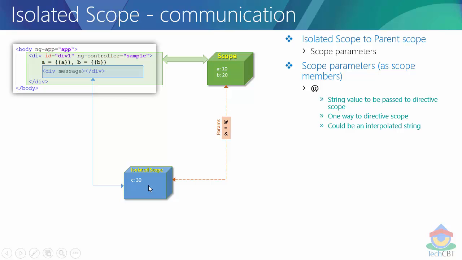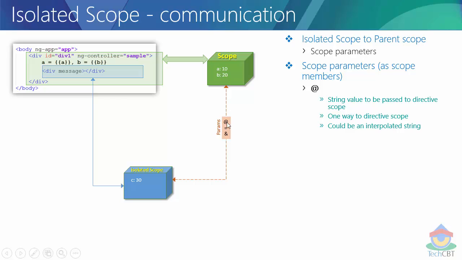Whenever you would like to pass a value from the outside world or a parent scope into the isolated scope, @ is the simplest way to do it. And again, it is one way, which means it always goes from the parent or outside into the isolated scope, but it will not go back.